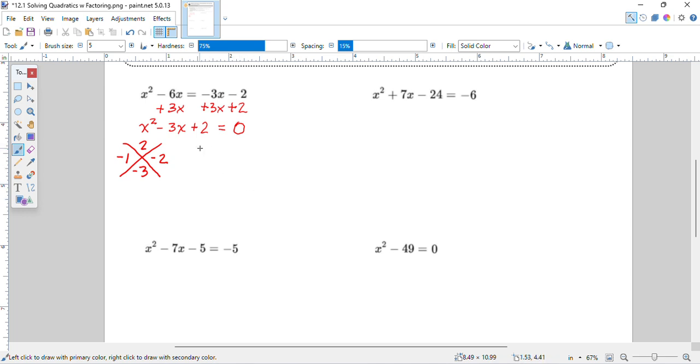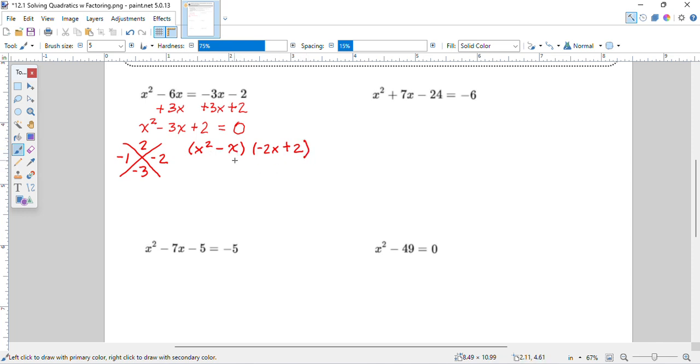We would group. So if I group those together, I would just have x squared minus x. That's that 1, because remember we don't have to write a 1. And then we would have negative 2x plus 2.